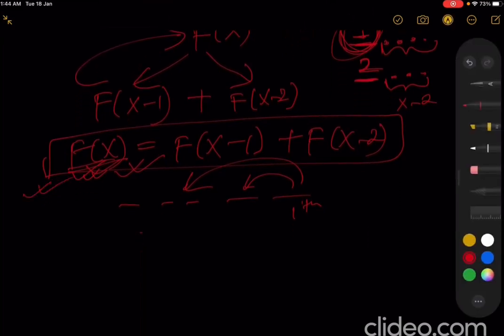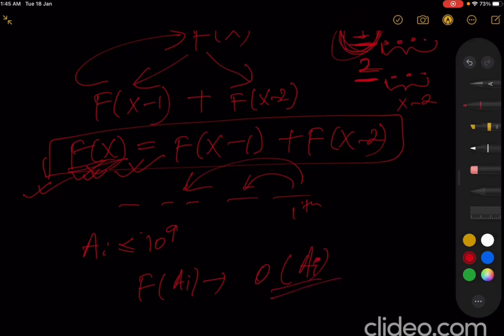Since a of i is less than or equal to 10 to the power 9, calculating f of x for any a of i will be of the order of a of i. So this is the thing we can just do naively.